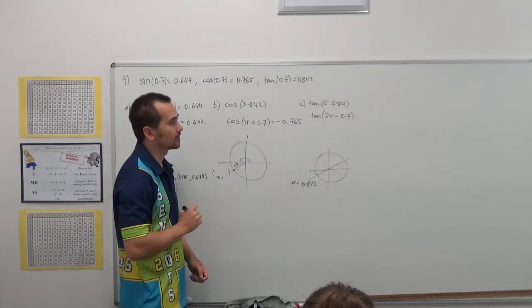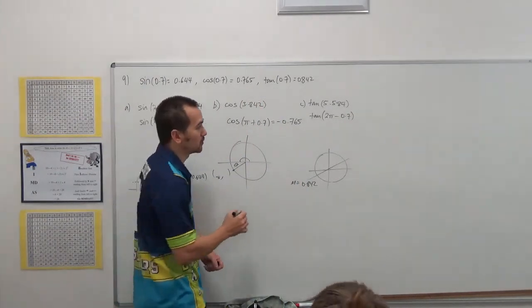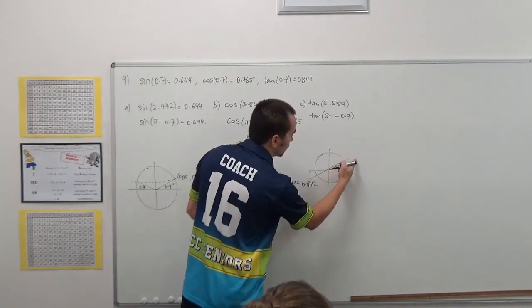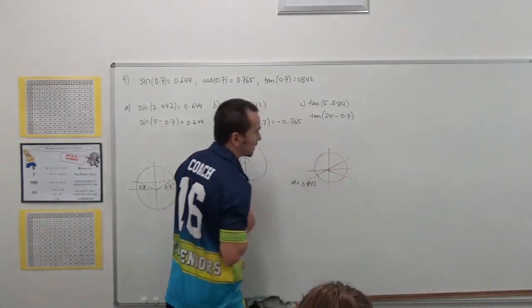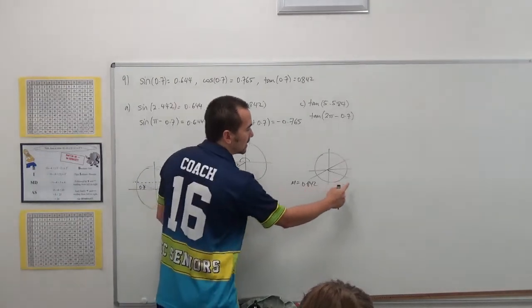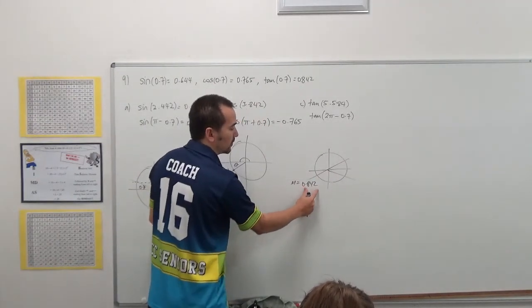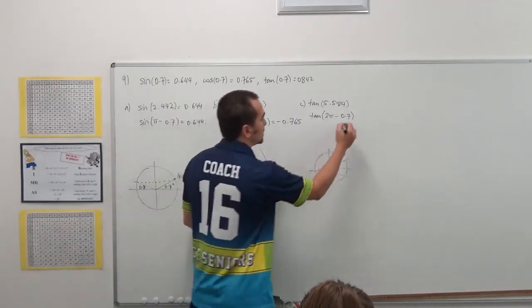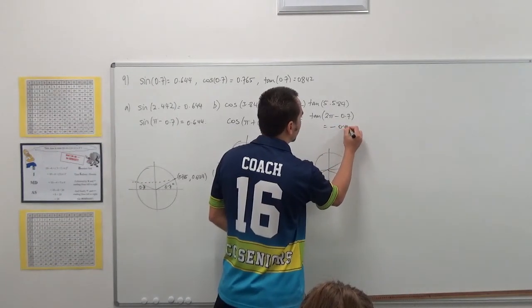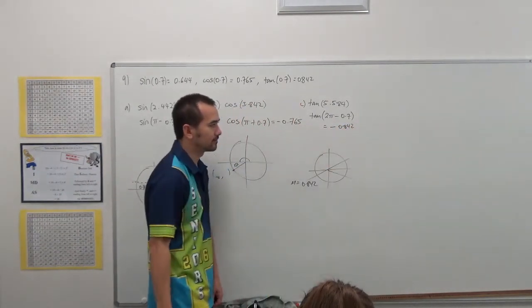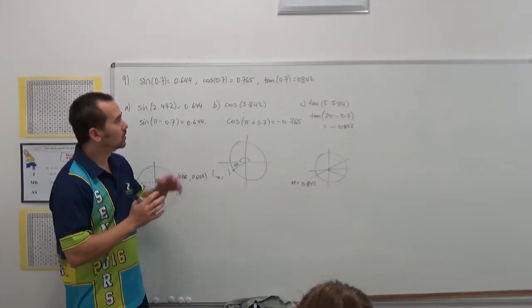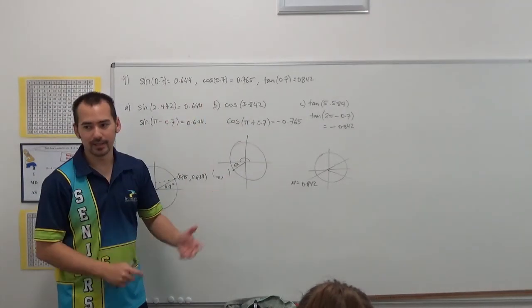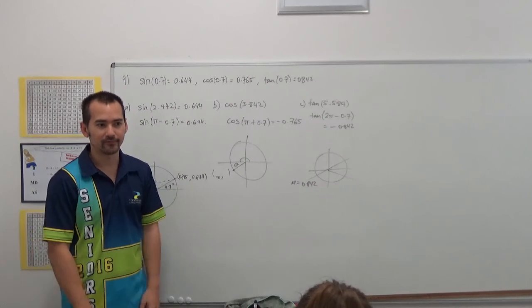So in the fourth quadrant. Yeah, so we'd be in the fourth quadrant. So let's draw the reflection over the x-axis. It's going to look like that. So it's the negative slope of that value, which is negative 0.842. Looks tricky, looks complicated, but really everything about this chapter is fairly simple.